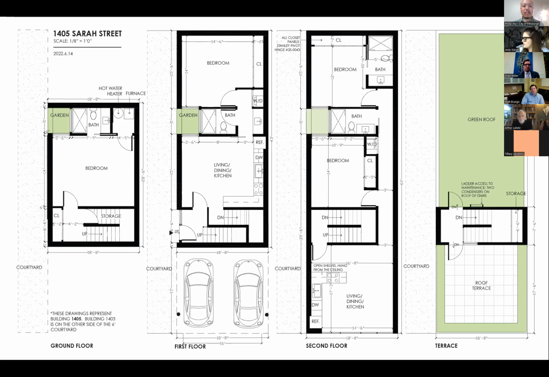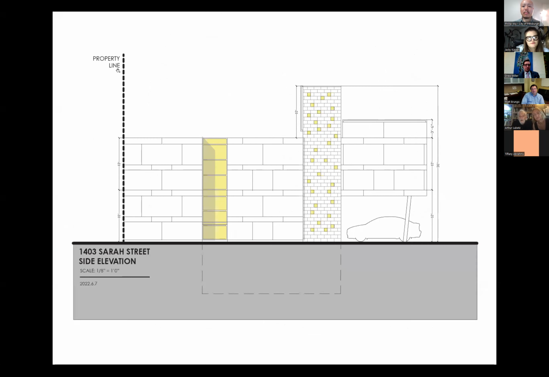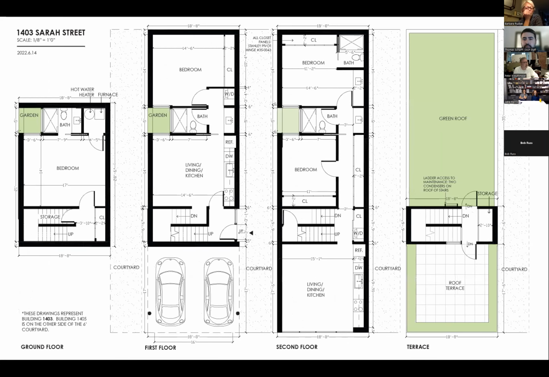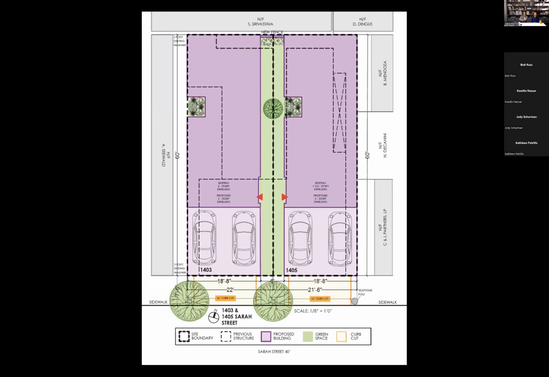And I'm sorry, you said the buildings are mirror images. Will the gardens be internal? So they'll be in between, and that's why you have 6 feet down the center, because that's your egress from the basement dwelling unit? No, the egress from the basement will be through the main door.